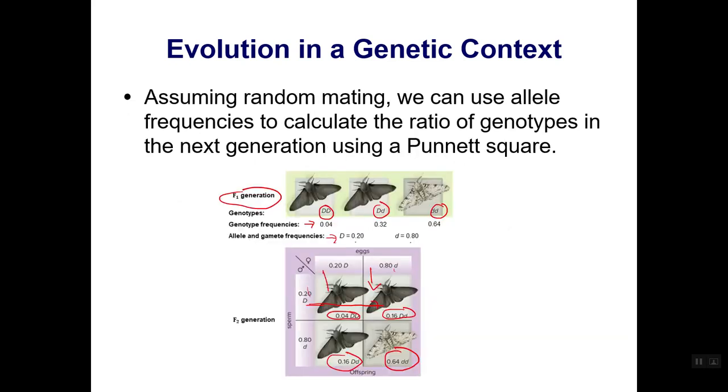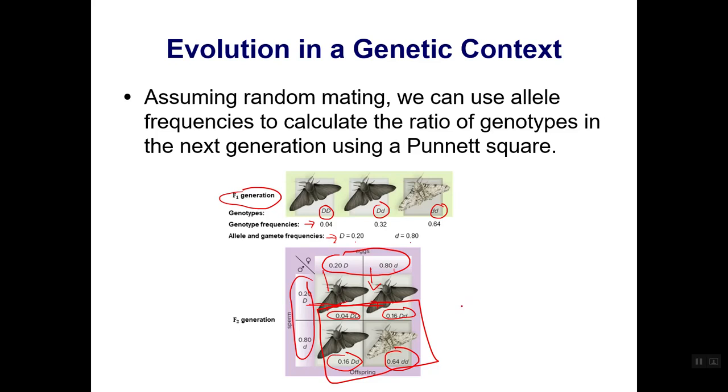So I'm going to back up. That's what we did in this example. We took the allele frequencies, which were here and here, and we used those to calculate the genotype frequencies in the next generation. Because remember, all these boxes, they tell us something about the next generation.